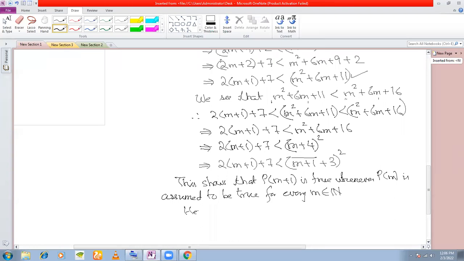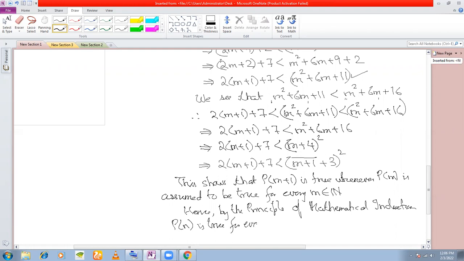Hence, by the principle of mathematical induction, Pn is true for every natural number n, right? So this is how we prove inequalities.